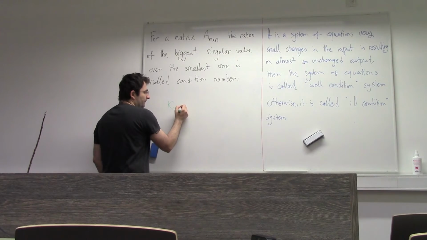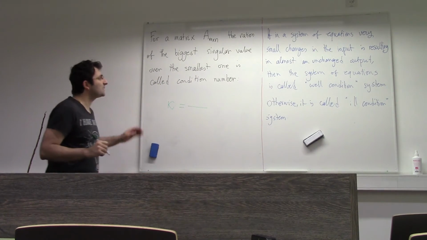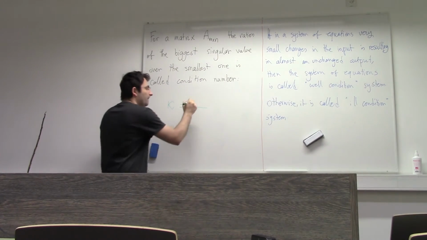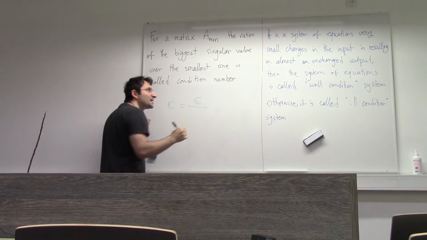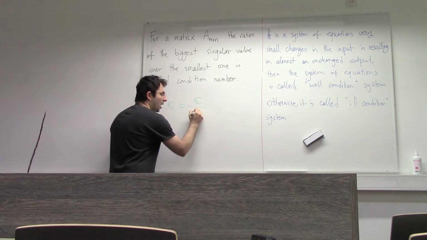So kappa is, can you tell me what is the biggest singular value? Sigma 1. What is the smallest one? Sigma r, where r is the rank.